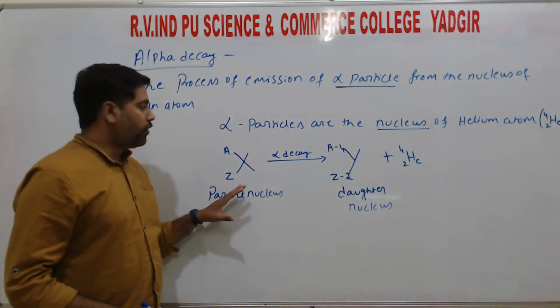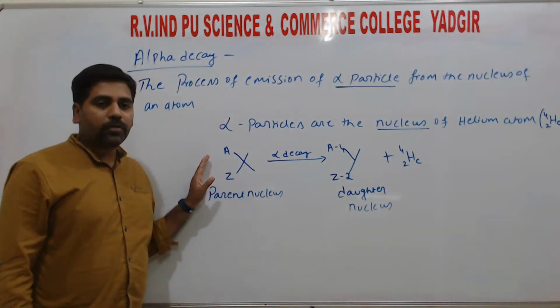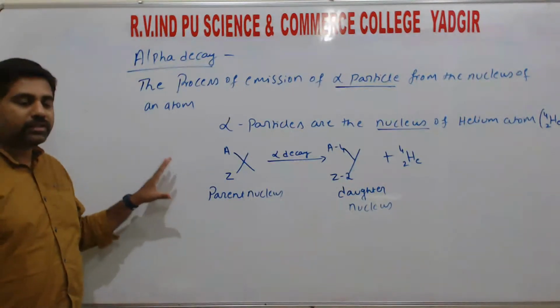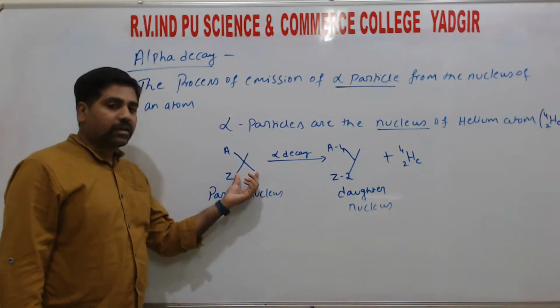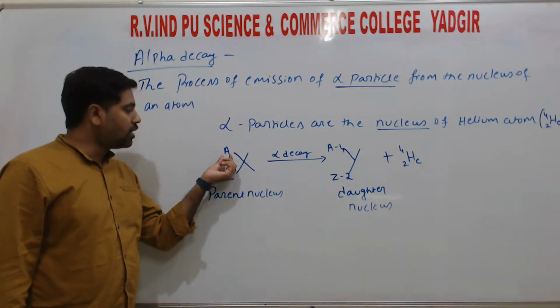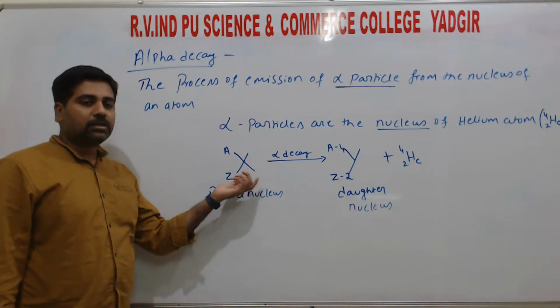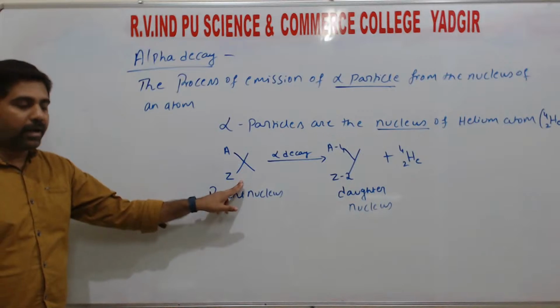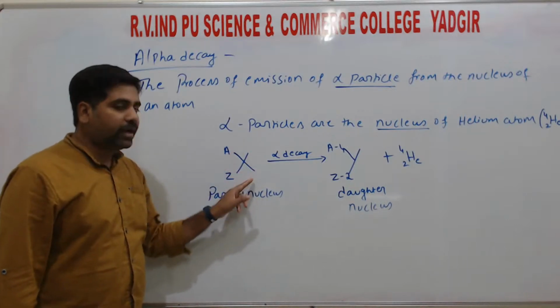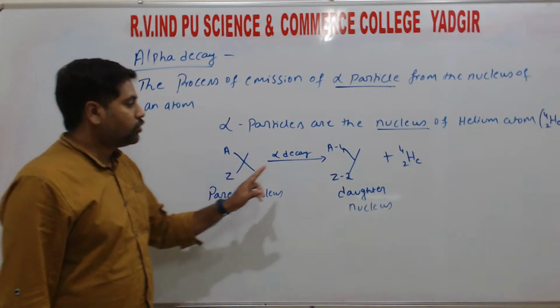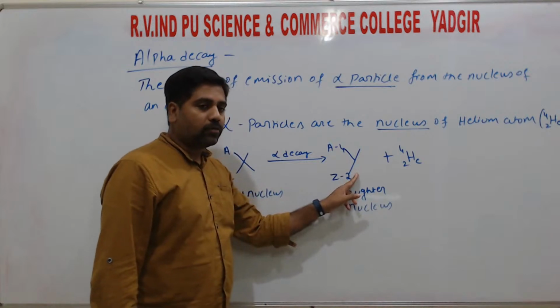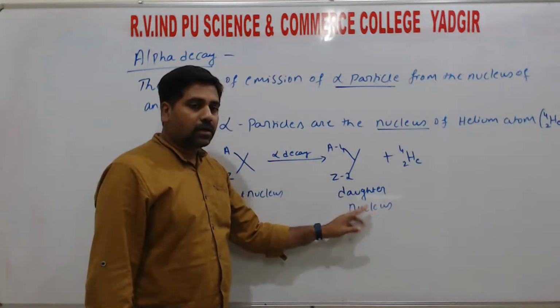This is the general form of alpha decay, where X is the parent nucleus, A is the mass number, Z is the atomic number, and X is the chemical symbol of any element. After this element undergoes alpha decay, the element which is formed we call the daughter nucleus.